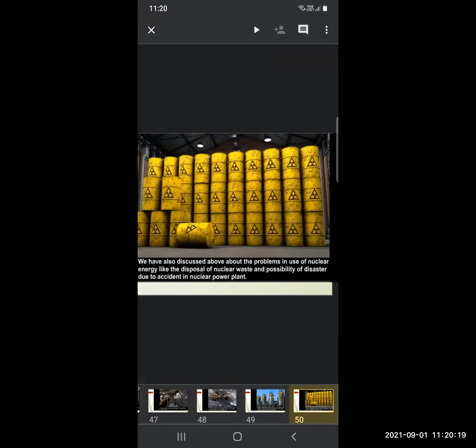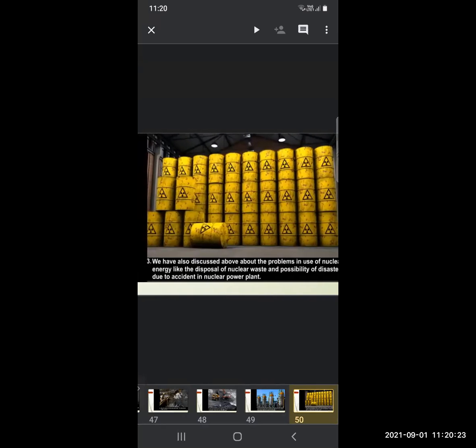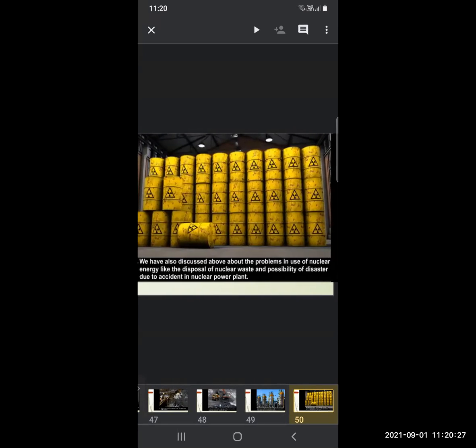We have also discussed the problems in use of nuclear energy, like the disposal of nuclear waste and the possibility of disaster due to an accident in a nuclear power plant. Where to dispose of the nuclear waste? This is the main problem we are facing.